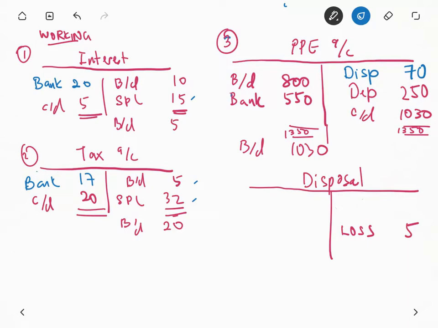Okay, missing figure is 70, disposal. Okay, and I make a loss of 5. What does this mean? Balancing figure is 65. Why? Because I received 65. Bank.